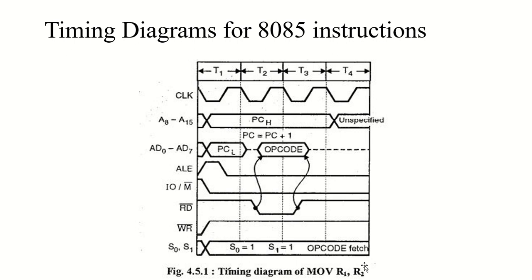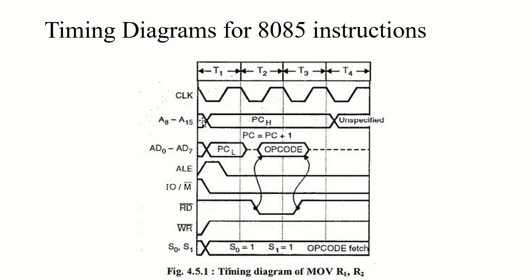Now remember, opcode fetch has around 4 to 6 T states based on the requirement. Here the requirement is 4 states, because initially we always draw 4 states, and only if it is required further do we draw T5 and T6. So first we will have the clock signal, as we saw in the previous class.